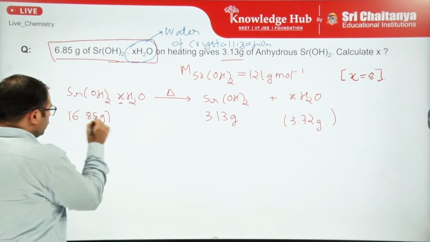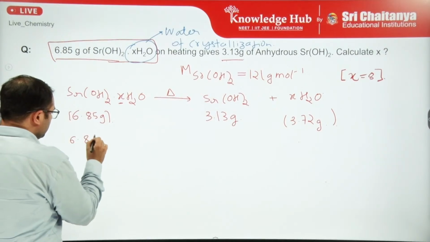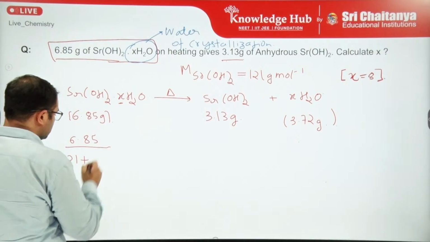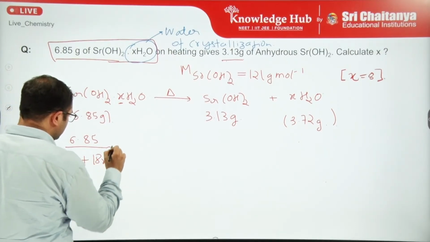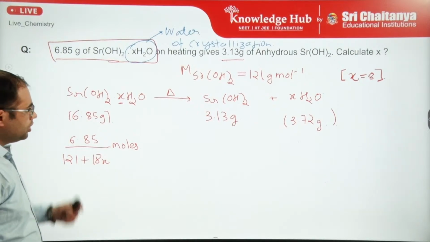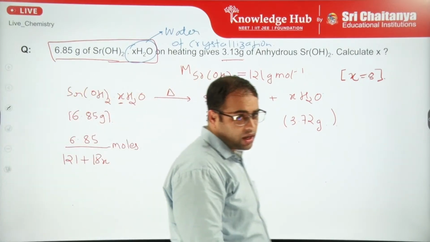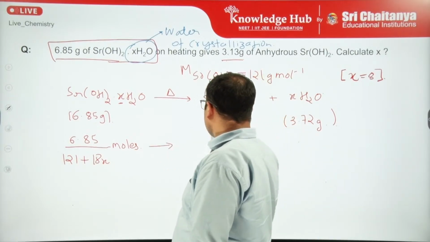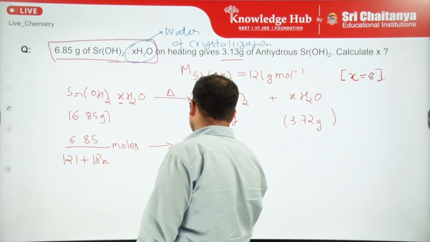The moles of this will be 6.85 divided by 121 plus 18x moles, right? Is this correct? So these many moles gives how many moles of strontium hydroxide?